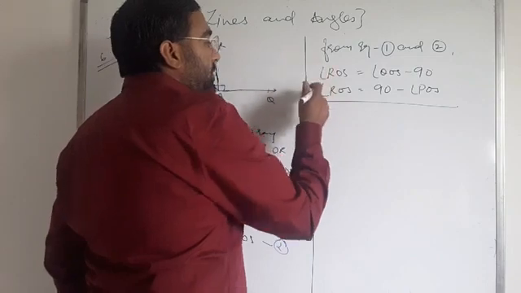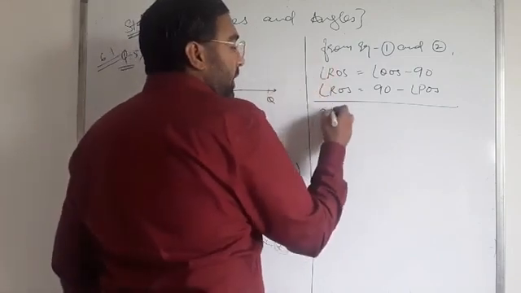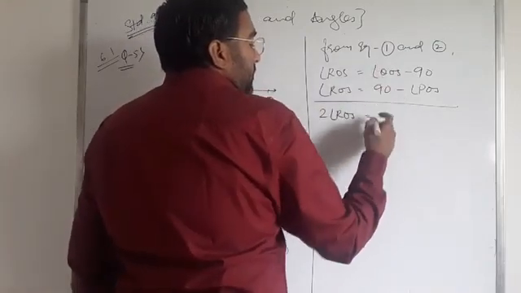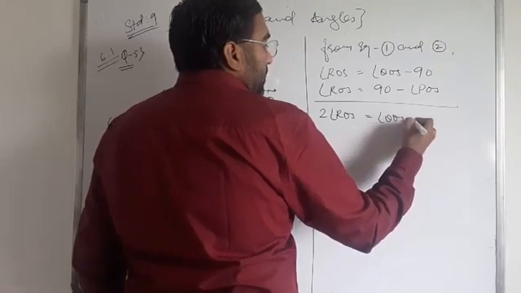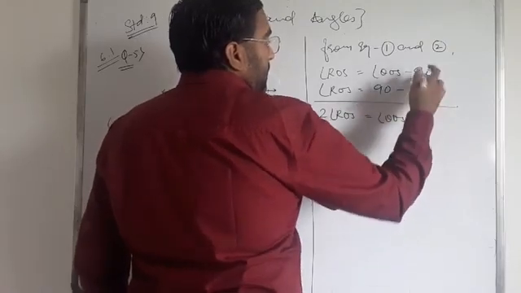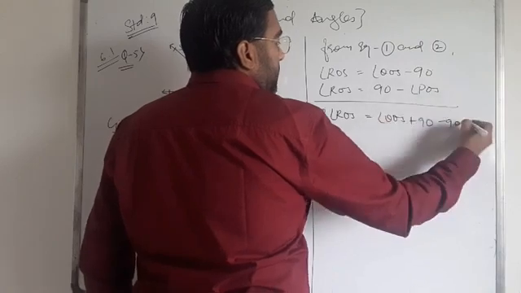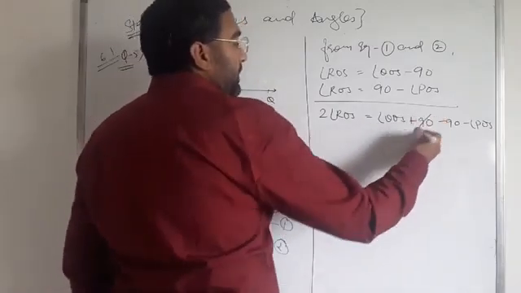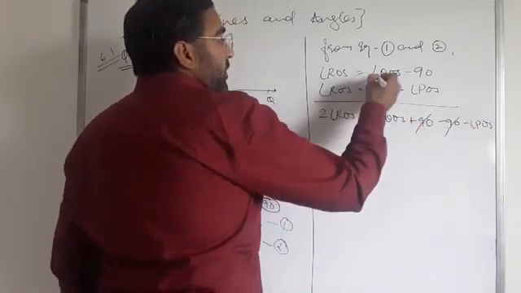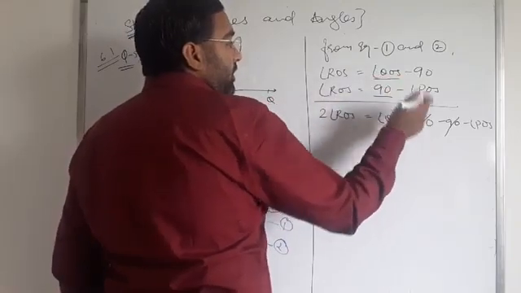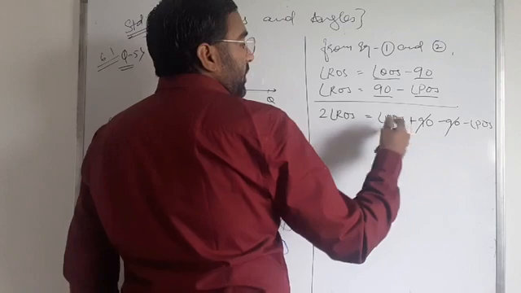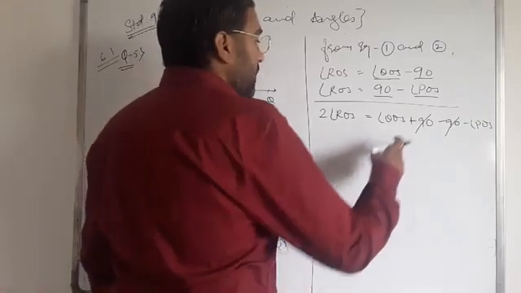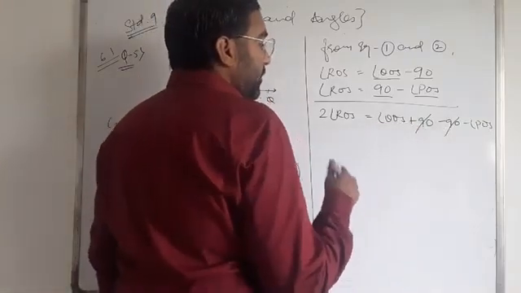So when I add them, ROS plus ROS is 2 times ROS, equal to QOS plus 90 minus 90 minus POS. I'll write all of these statements in horizontal form. Plus 90 and minus 90 cancel out.